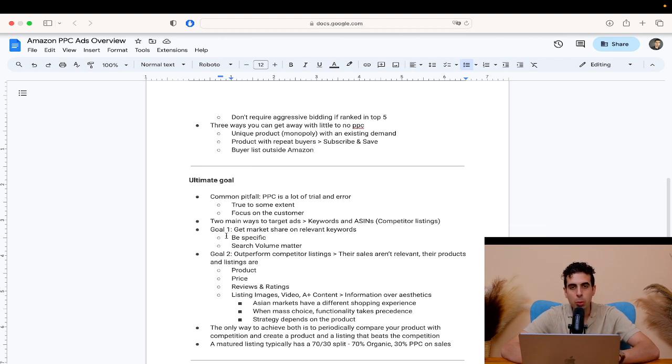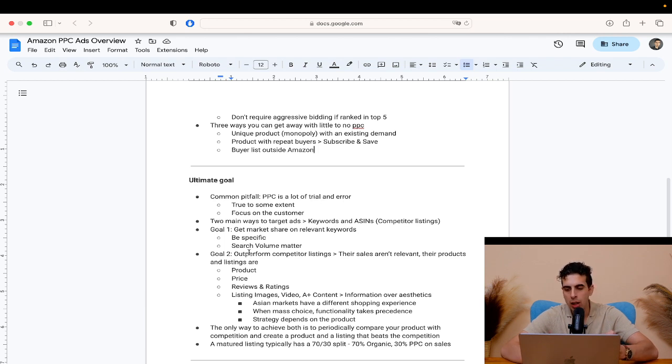So being specific is going to be really helpful. If it's, let's say, yoga mats, maybe your yoga mat is different, it's thicker. So you want to be more specific with the keywords. And the more specific you are, the higher the chances of you getting the spot. Now, keep in mind, as you go more specific, the search volume also reduces because there are fewer people searching for it.